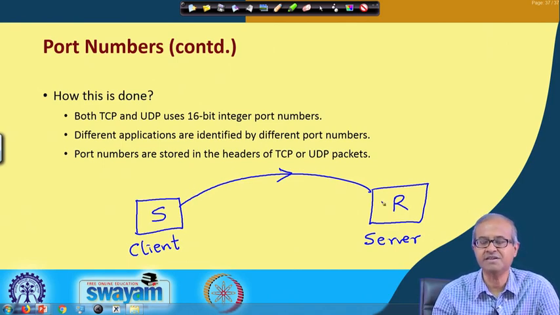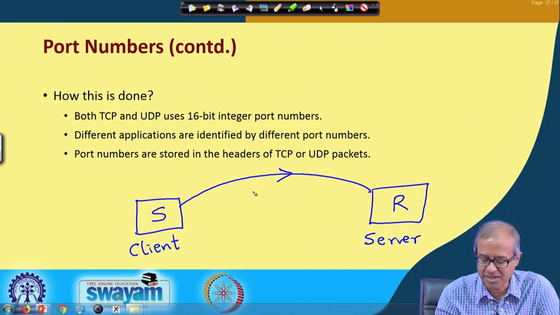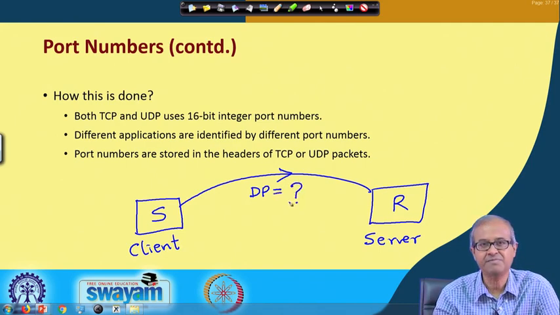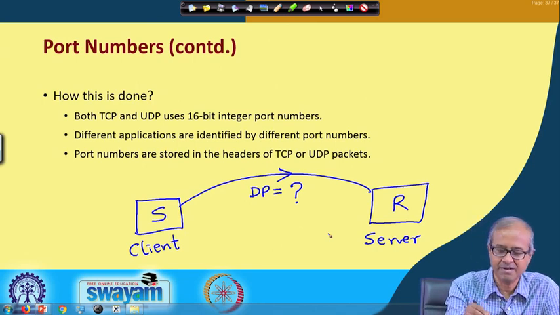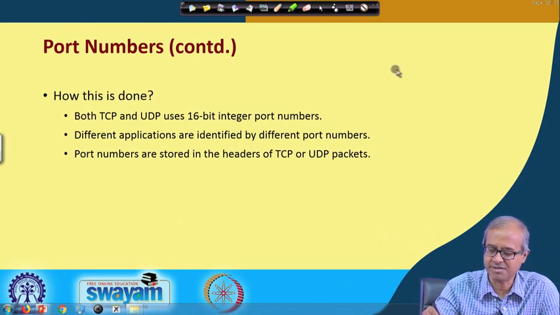Now, when it sends a request, the client is supposed to know which process at the other end it is trying to contact. So, the destination port number must be already known to the client. Okay. As I told you, for all the common applications, the destination port number is well defined, everyone knows about it. Okay. Let us look at it.